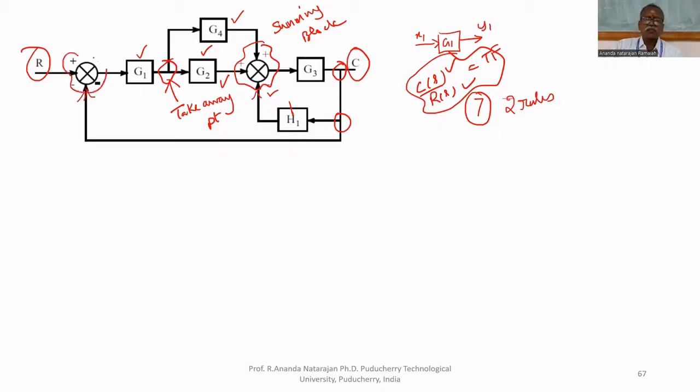Here also there is a summing block, but because of the sign, it subtracts. Even subtraction can be called summing. Positive value and negative value are summed together. So here, this block consists of two summing blocks and three takeaway points.